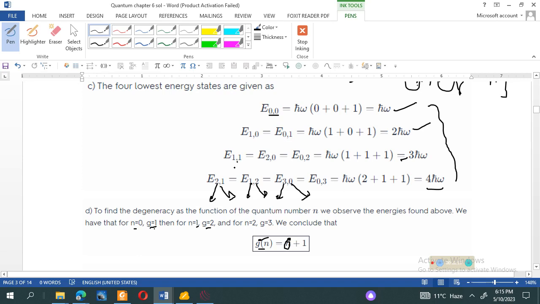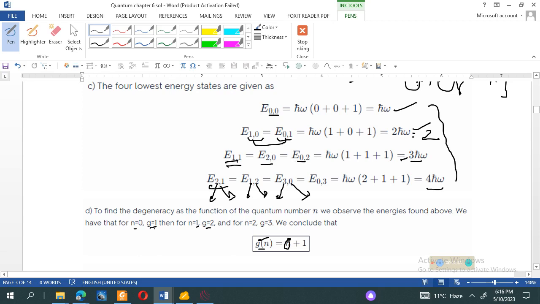For example, for n equal to 1, this is the first energy level and this is the second. These two are degenerate, so we have degeneracy equal to 2. Similarly, this is 1, this is 2, this is 3. These 3 states have the same energy, meaning the degeneracy is 3.